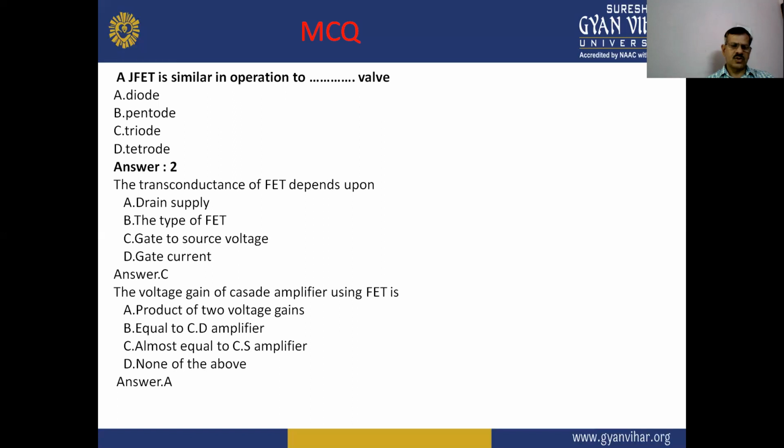CS means common source, CD means common drain amplifier, and option D is none of the above. So the correct answer here is option A. The voltage gain of the cascade amplifier using FET is the product of two voltage gains.